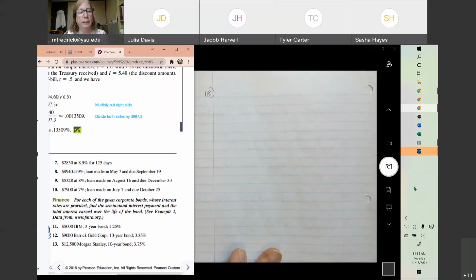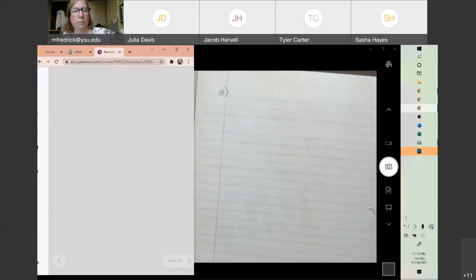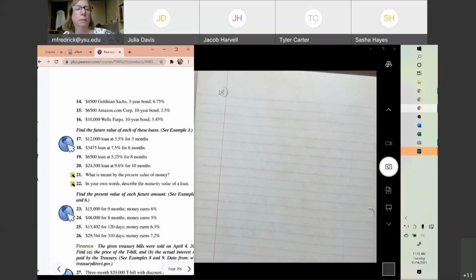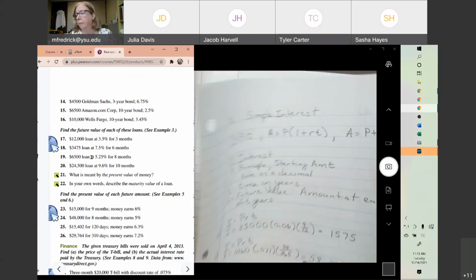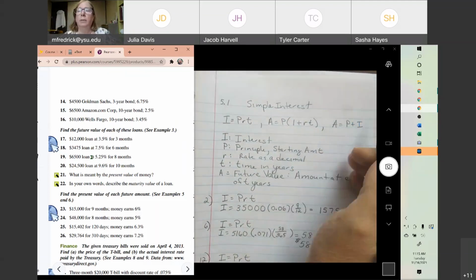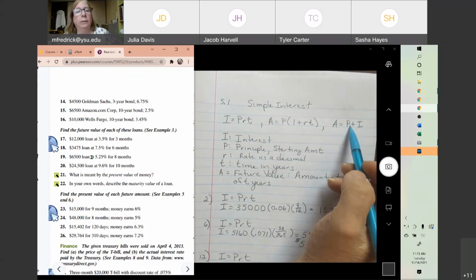Okay, number 18. Right here. Find the future value of each of these. So future value, that's A, which means we have to use one of the other formulas. This one is only for interest and starting amount, and we don't have interest.